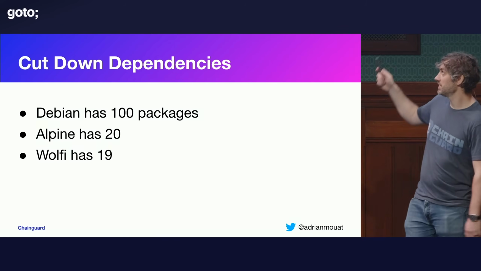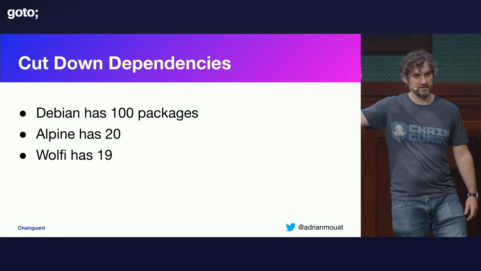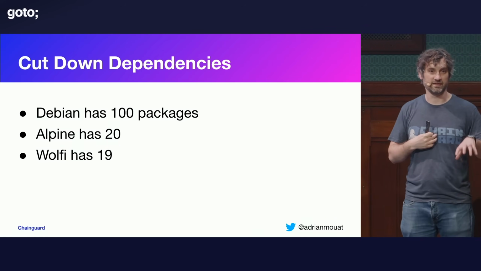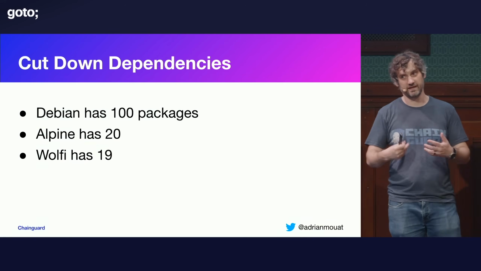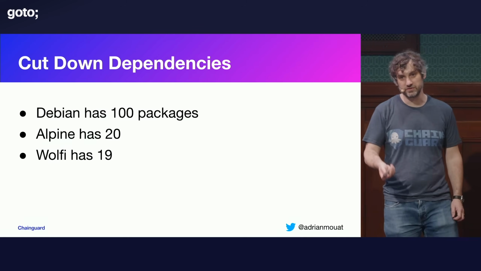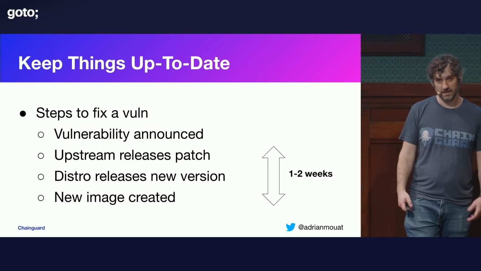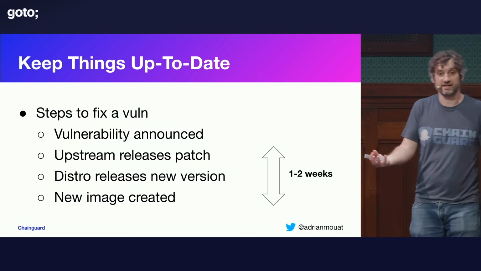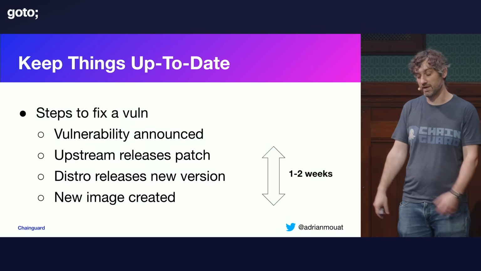That being said, do be aware that Alpine is a musl-based distro, so it uses a different standard C library for talking to the kernel. And that can have implications in some cases. Wolfi and Debian, though, are both glibc. There's a bunch of software in the Debian container, at least, that is not required to run Redis.